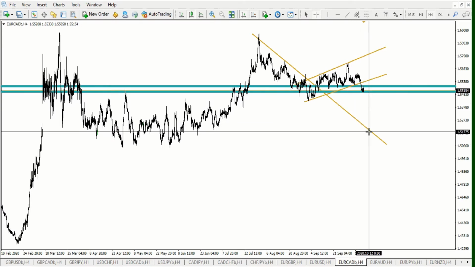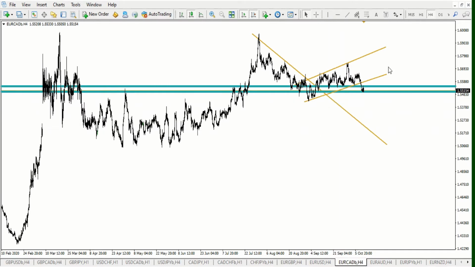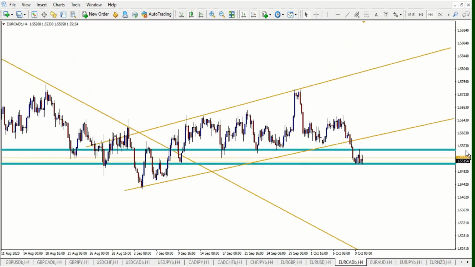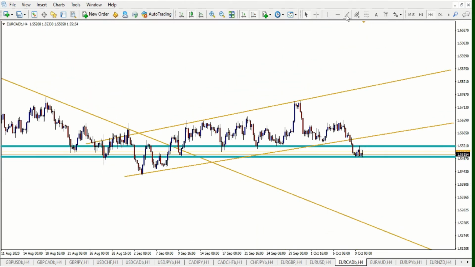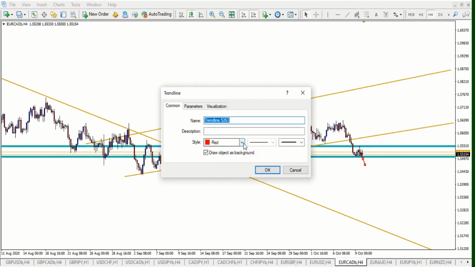So what we can see now is that we've broken the upward channel, the upward bullish channel, and it seems like there's a strong bearish momentum to the downside. So what we are looking for is for the market to break through this key support resistance zone, for the sell bias, since we've broken the uptrending channel.